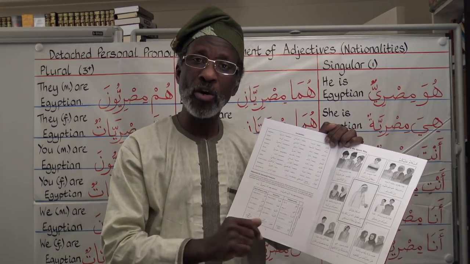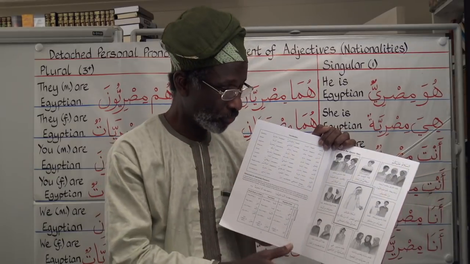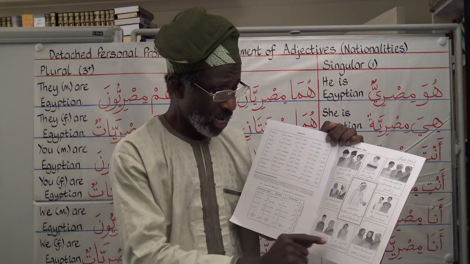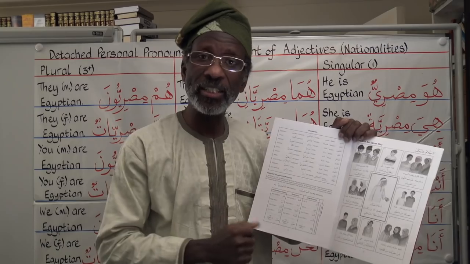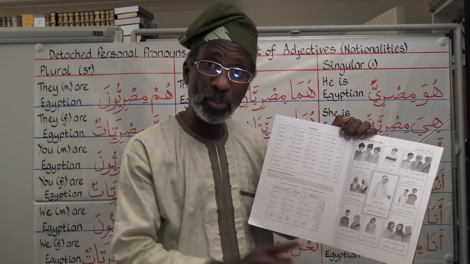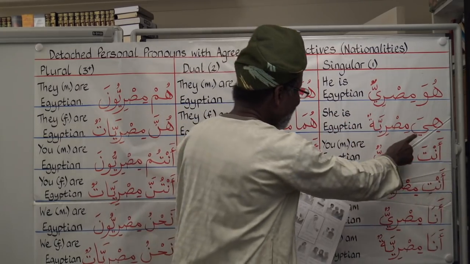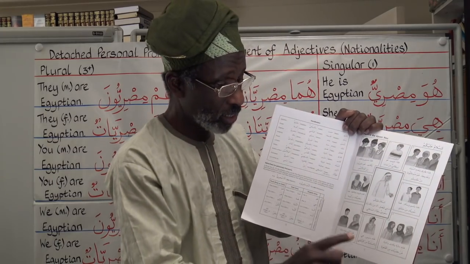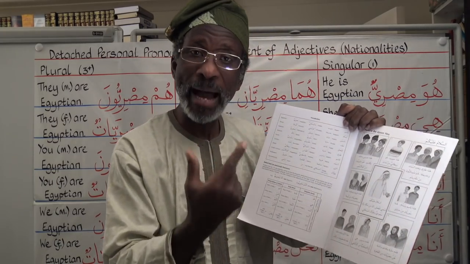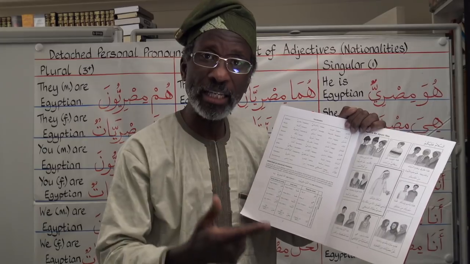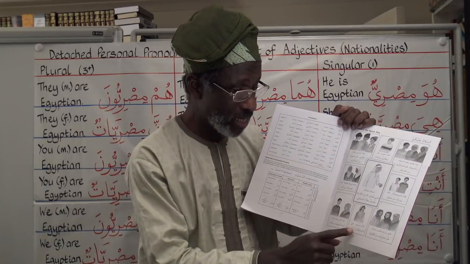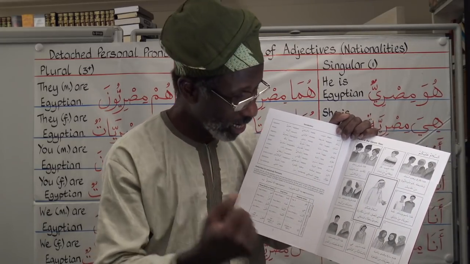Min al-Quds. From al-Quds. Number 7. هذه نسرين. Nisreen is a female name. Because it's only singular, we say hiya. She is Pakistaniya. She is Pakistani. Min Karachi, from Karachi.